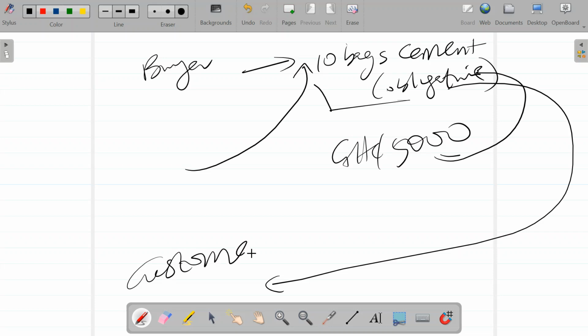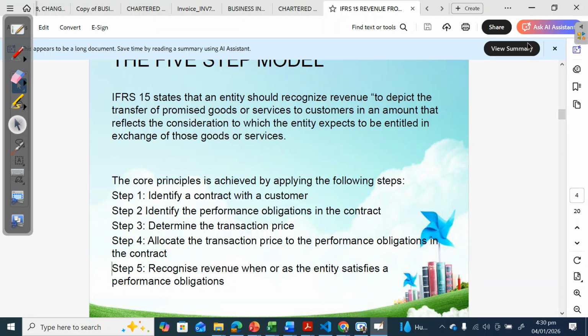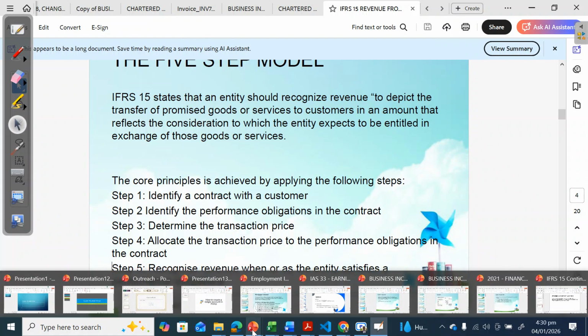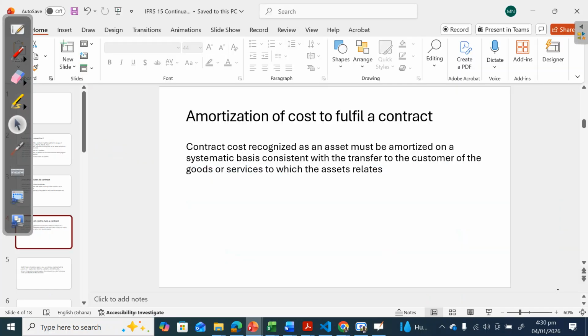So we have to wait until the goods are delivered before we can recognize revenue. So this is the summary of the 5-step model. When you watch the video, we go into detail under each of the steps. So today we are still continuing.